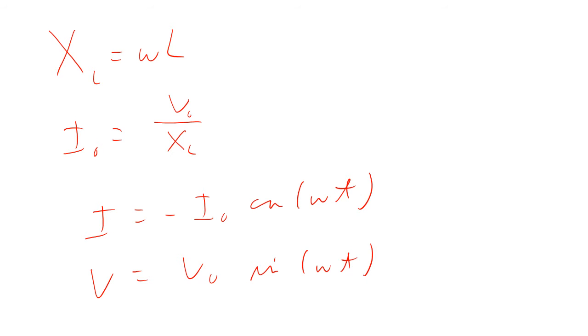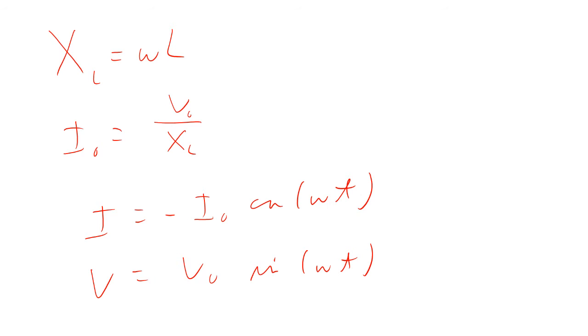Well, we said that V equals V naught sine omega t. And so what that means is that the current is not in phase. It's actually out of phase slightly. The negative cosine is following.